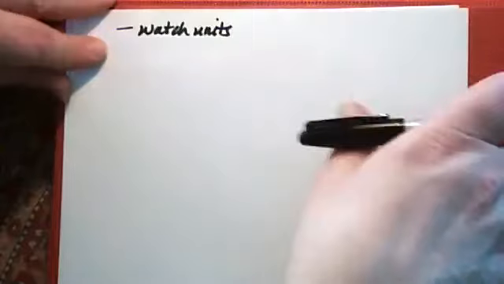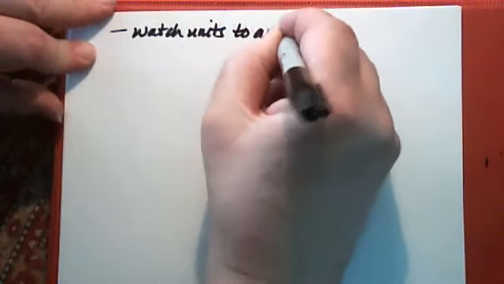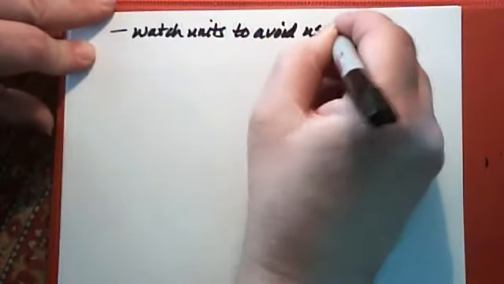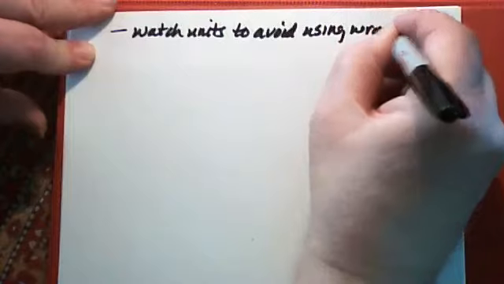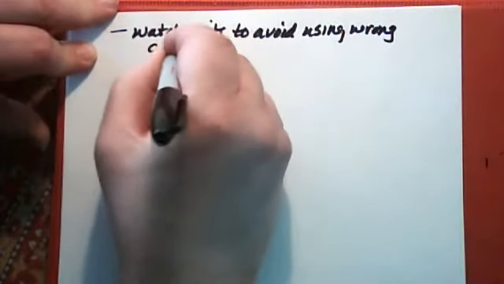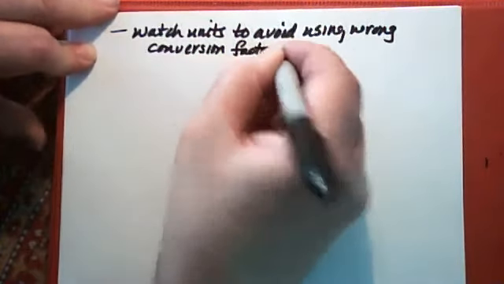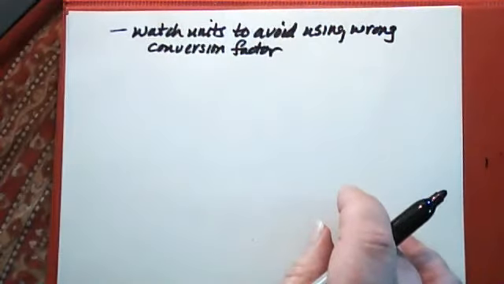People don't like to do this, but it is very important to watch the units. Because that can help guard against using the wrong conversion factor, or using the correct conversion factor, but using it upside down.